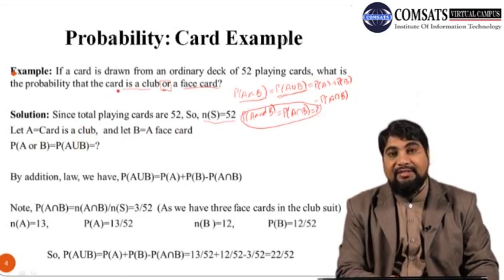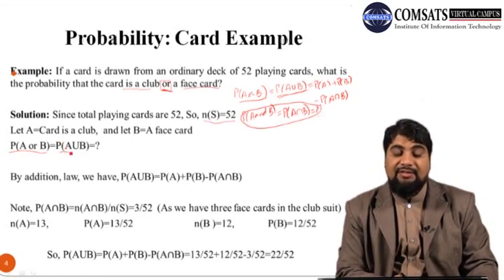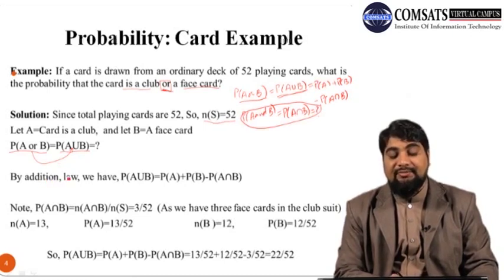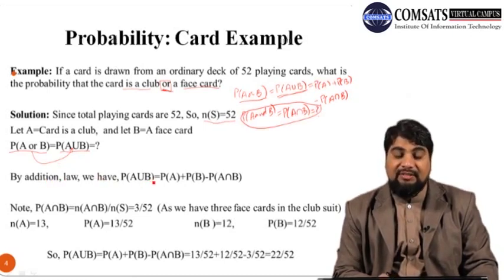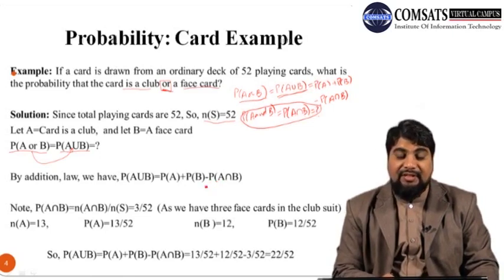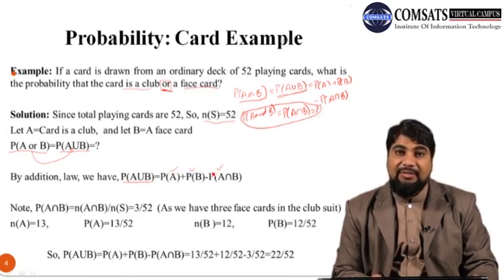We want to find that the card is a club or a face card, so we are interested in calculating A or B, which is A union B, because "or" means union. By the law of addition, probability of A union B is probability of A plus probability of B minus probability of A intersection B. So we need to calculate all three probabilities. Let us calculate them one by one.